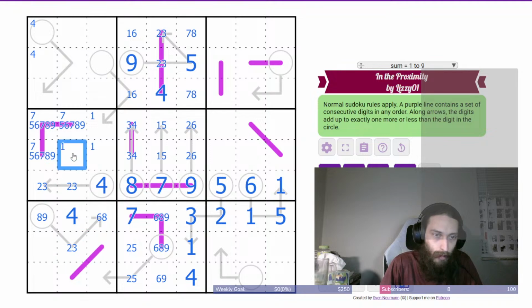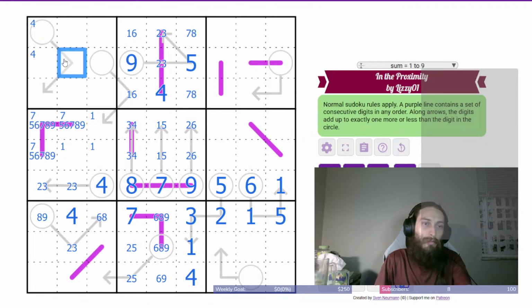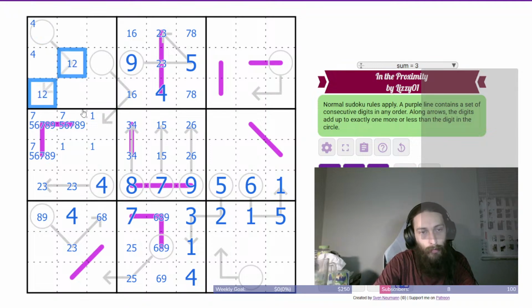Alright, 2, 3 pair. Doesn't do a ton. Although, if this was a 4, this would have to be 1, 2, or 2, 3. But this wouldn't be able to be 2 or 3.